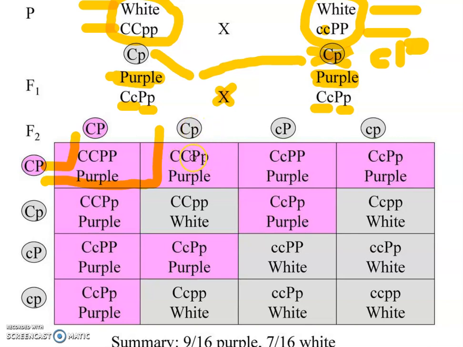So at least one dominant gene out of the two genes is present. Capital C produces the chromogen and capital P converts this chromogen into color, so purple color develops. Here in this condition white color develops. How?